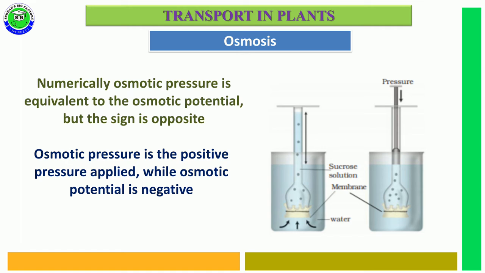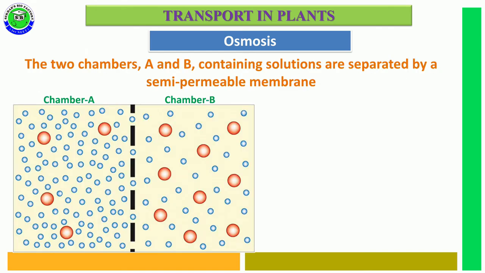But osmotic pressure, which is created on the solution, helps to increase water potential, so osmotic pressure is positive, but both are signed in opposite directions to stop the entry of water into the thistle funnel.